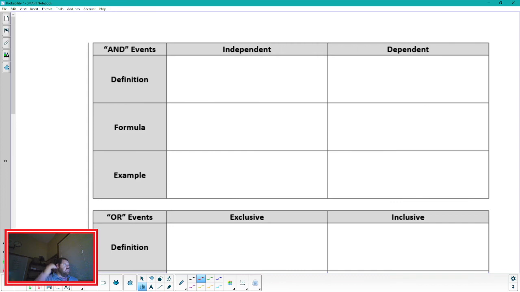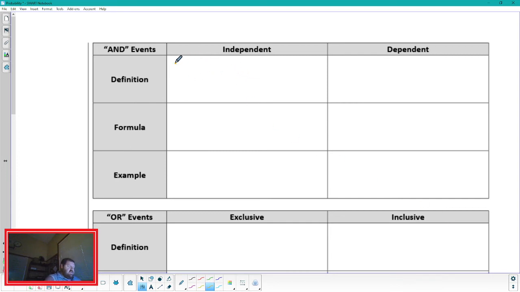Let's look at a way that we can combine all these ideas into one visual that can help us figure these out. So I'm going to reuse a lot of the definitions that we've had already.